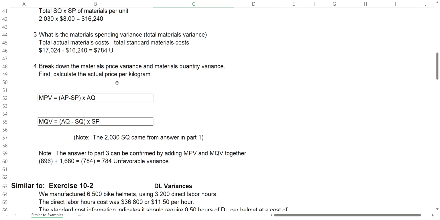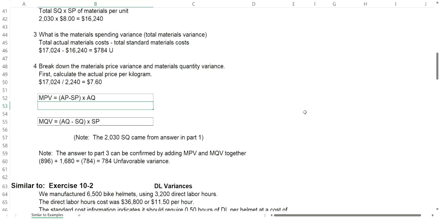So if I divide that out, that would give me the price per kilogram. Okay, so I will take the $17,024 divided by 2,240 kilograms, and the price I paid per kilogram is $7.60.